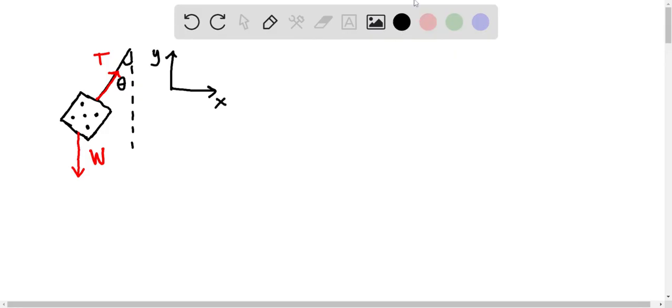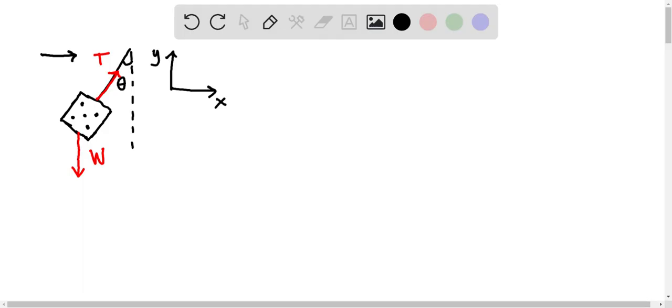We also know that the system has an acceleration because the dice is inside of a car that accelerates from rest in 6 seconds.